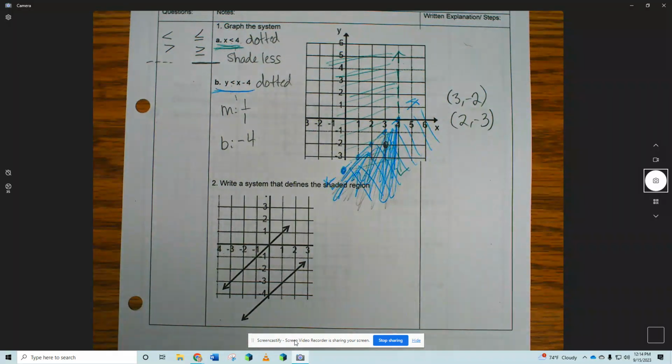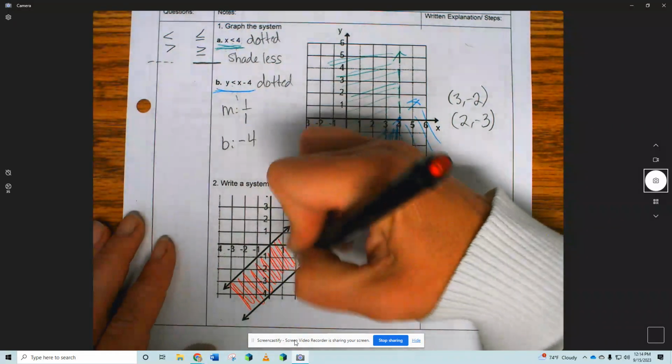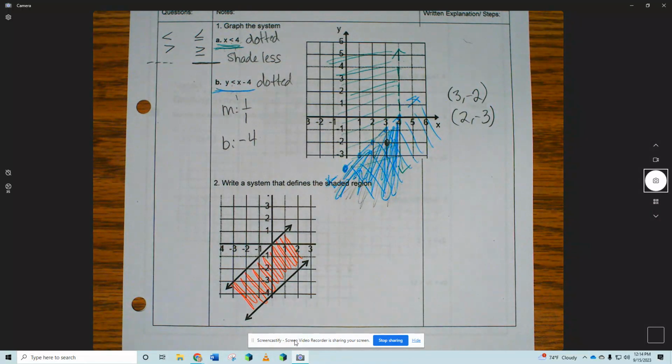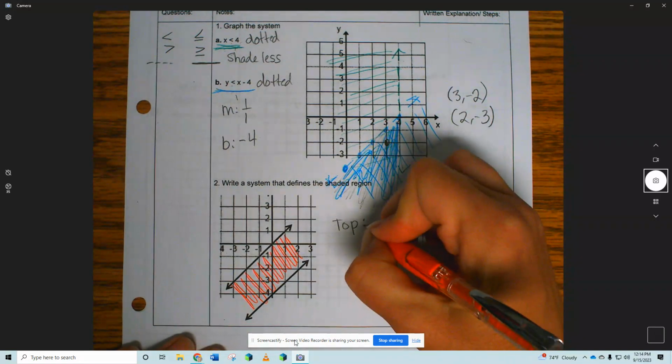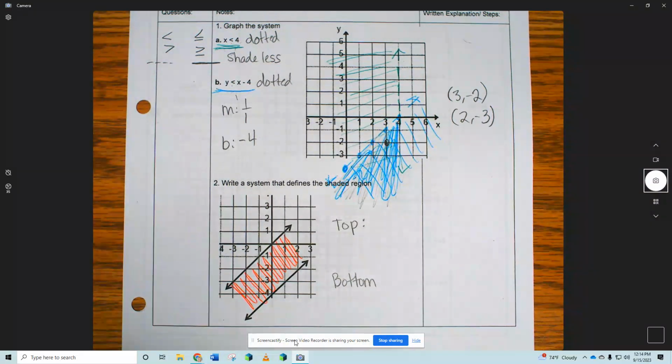You don't see a shaded region here. Let me shade it for you. Right there. Okay. Here's the top line and the bottom line. We have to write an equation for that top line.